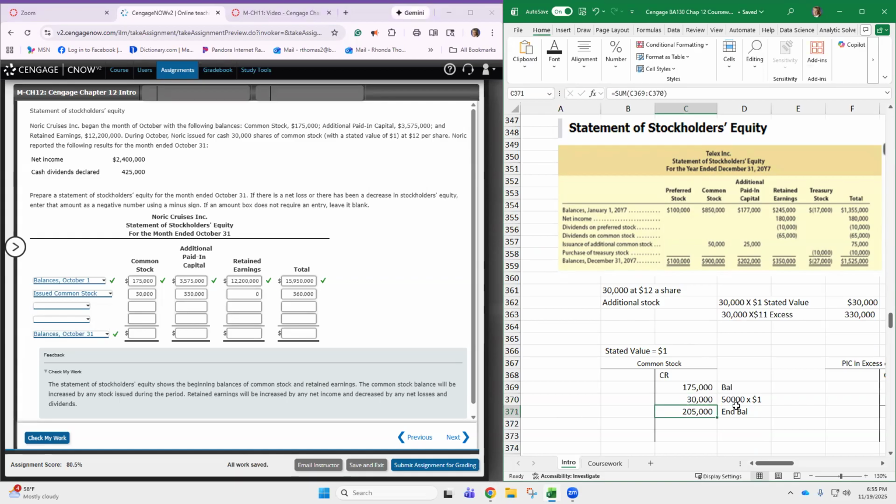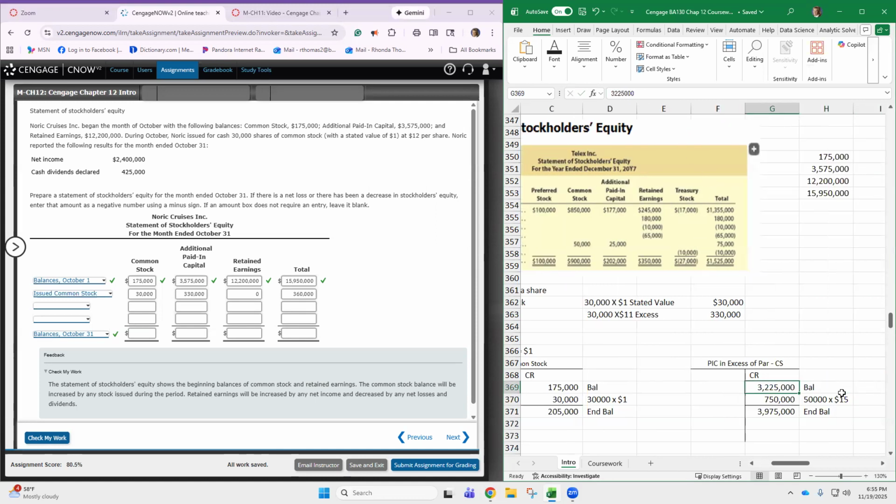We added 30,000 to it, the stated value of $1 times the 30,000 shares. We sold that additional stock. The paid in capital in excess of par started at 3,575,000. On the additional 30,000 shares, the excess over par is $11, so the 330,000 goes in there.